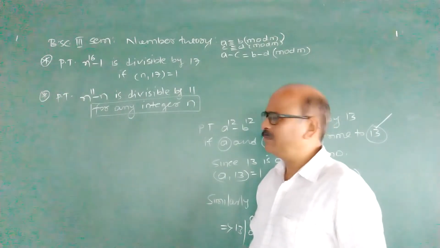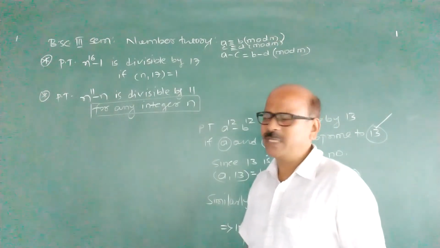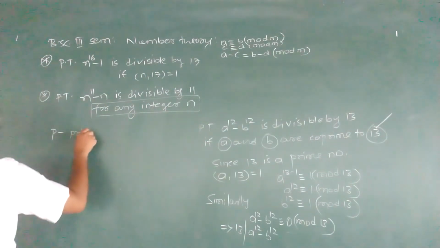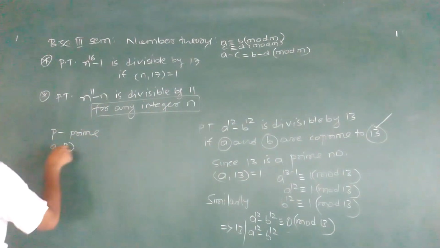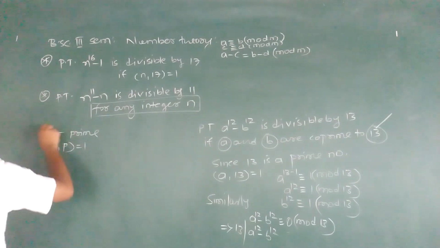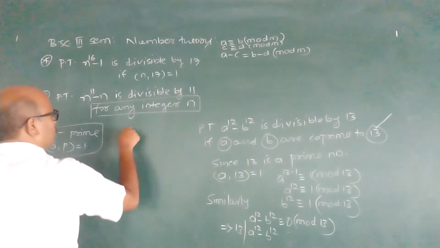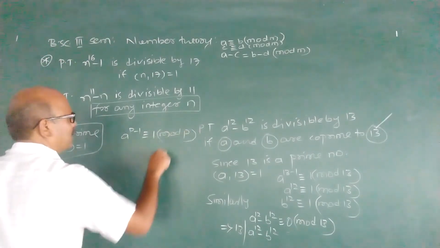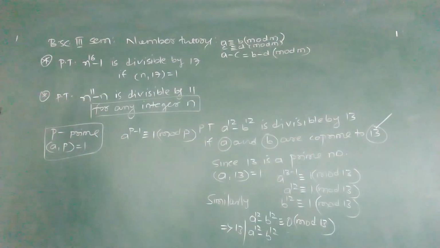In Fermat's theorem, there are two conditions. What is the first condition? P is a prime number. Second is A and P are relatively prime. Two conditions are there. Then A raised to P minus 1 is congruent to 1 mod P. This is Fermat's theorem.